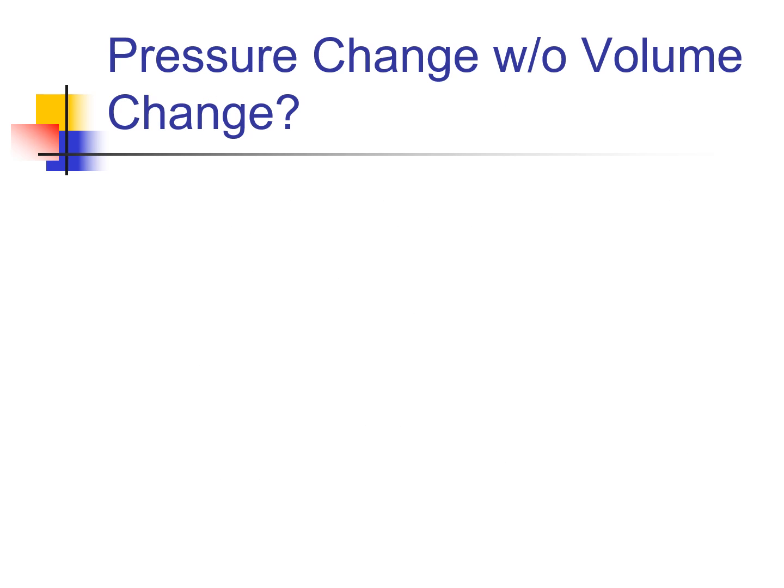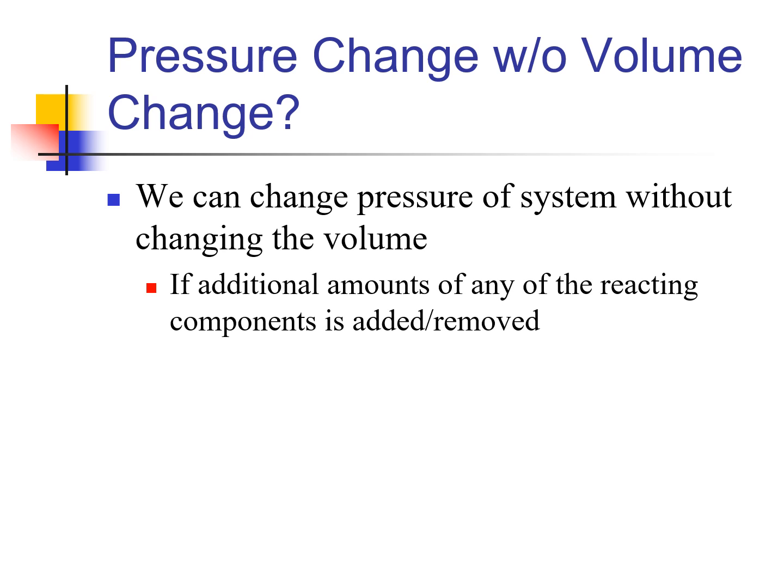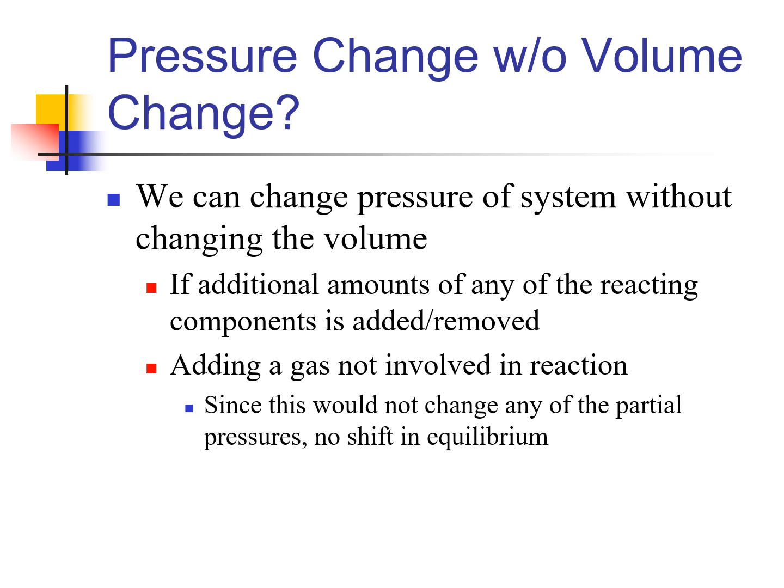Now, what happens if we have a pressure change without the volume change? So let's say we add a chemical: additional amounts of any of the reacting components are added or removed, or we add a gas not involved. As a note, with the first one, if I add or remove anything that's part of the reaction, then it's simply an adding or removing stuff problem.